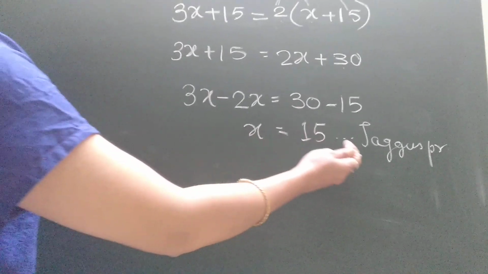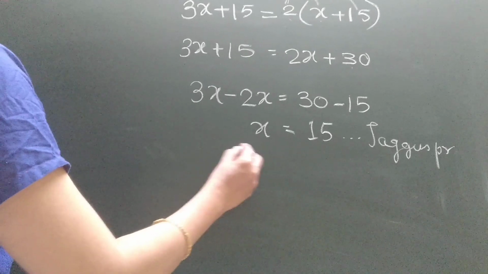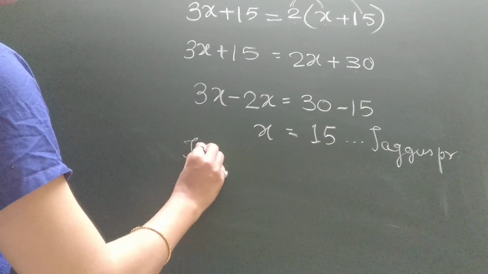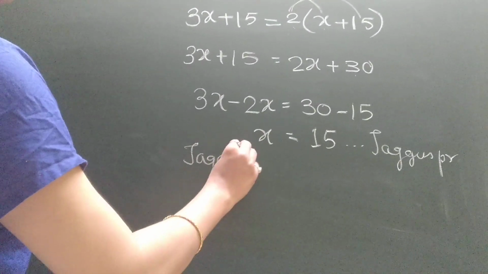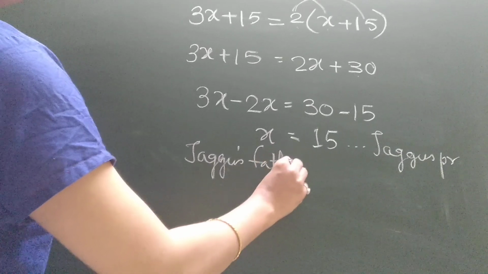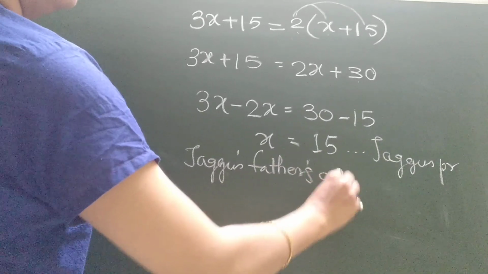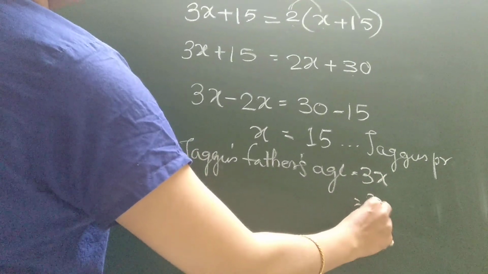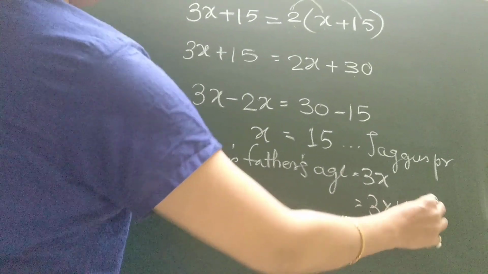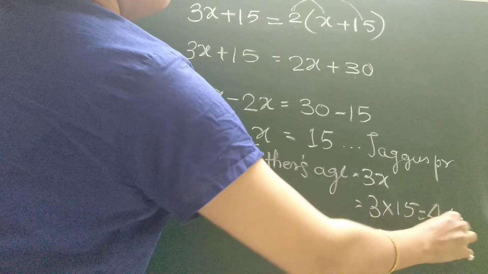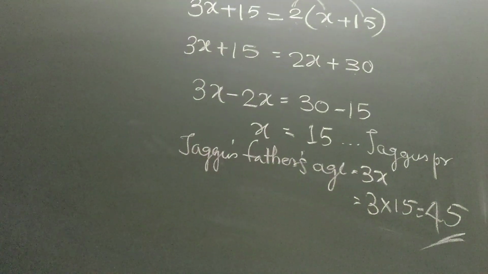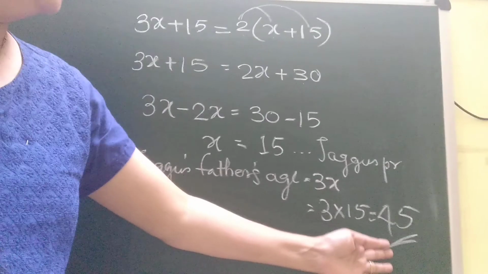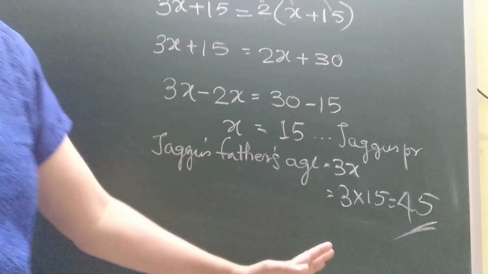So Jaggu's present age is 15 and Jaggu's father's age is, what is given? 3x. So 3 into 15 is 45. So 45 is Jaggu's father's present age.